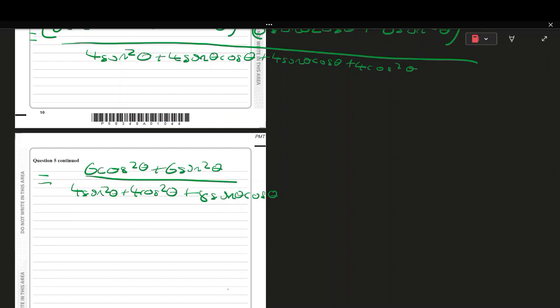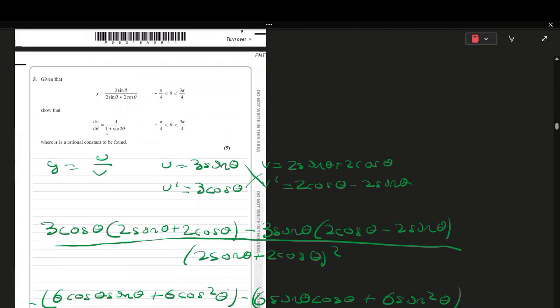So we'll have 6 over 4 plus 4 sine 2 theta, and we can take the 4 out since we need it to look like 1 plus sine 2 theta.